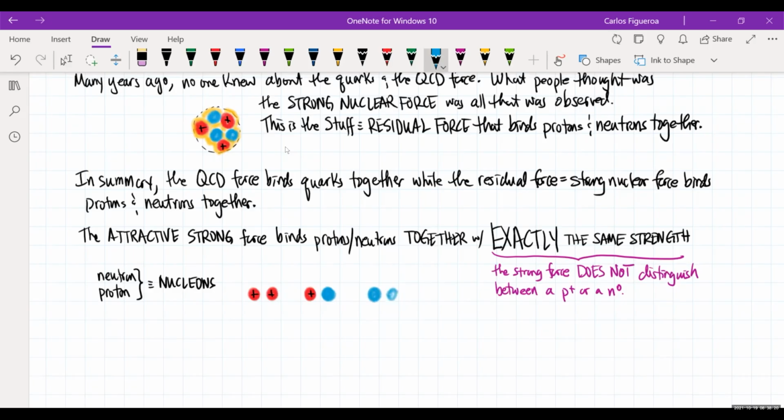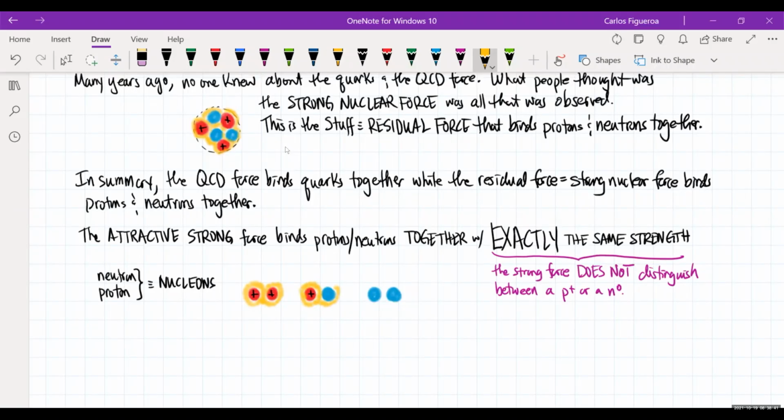A neutron. And so what you're seeing here is, what does the strong nuclear force do? It binds and surrounds protons and neutrons. So they interact with each other with an attractive force.